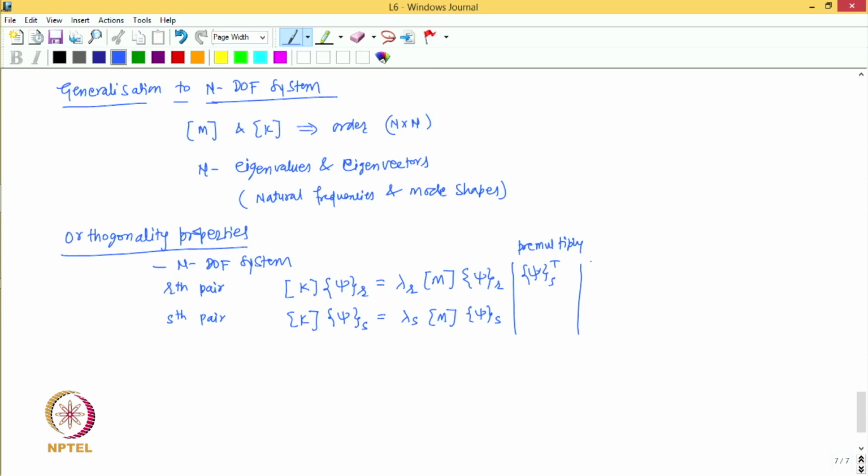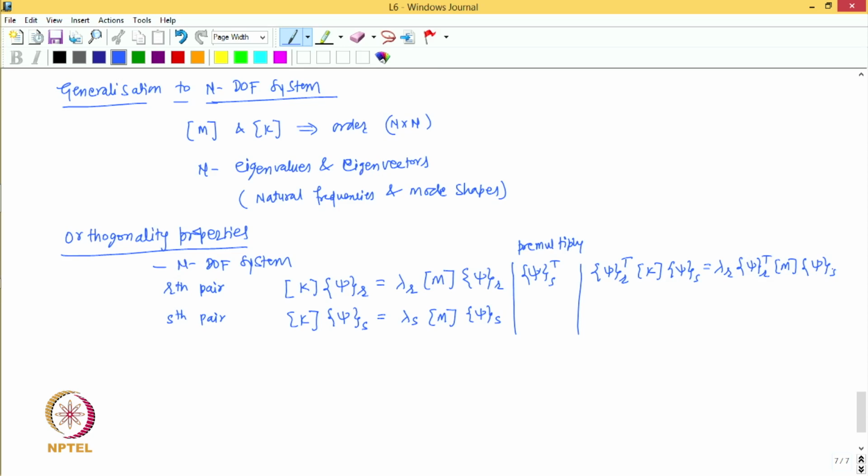I would get psi r transpose k psi s is equal to lambda r psi r transpose m psi s.